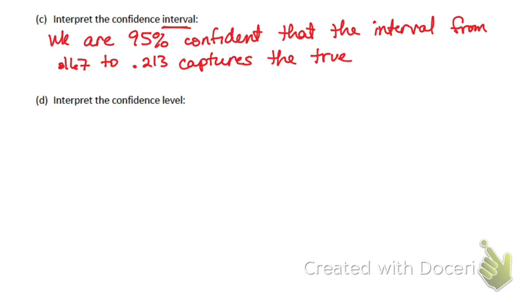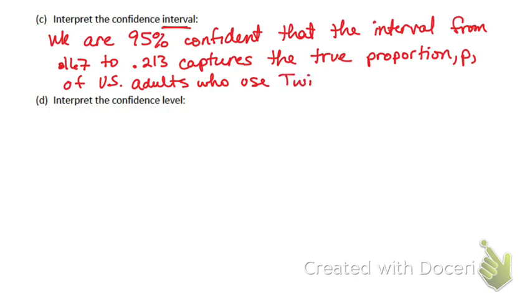What did y'all tell me this problem was about? Proportions. Captures the true proportion P of, all right, who's this problem about? U.S. adults who use Twitter. We are 95% confident that this interval has captured the true value.